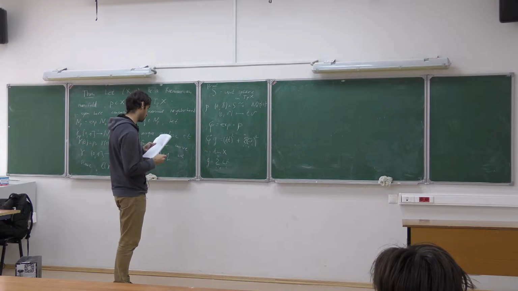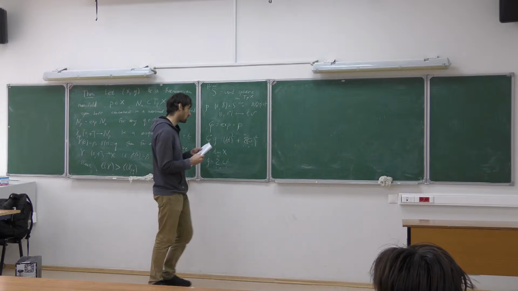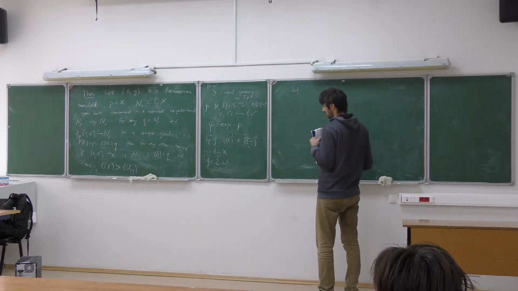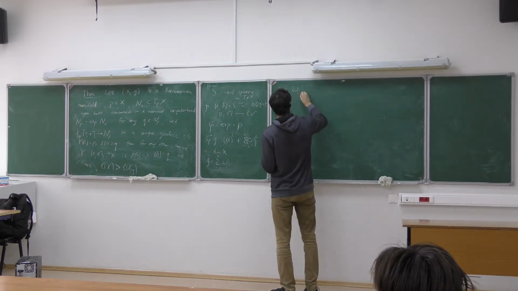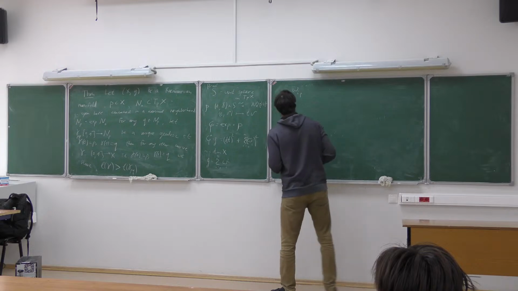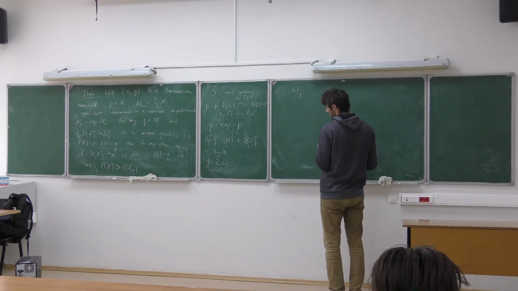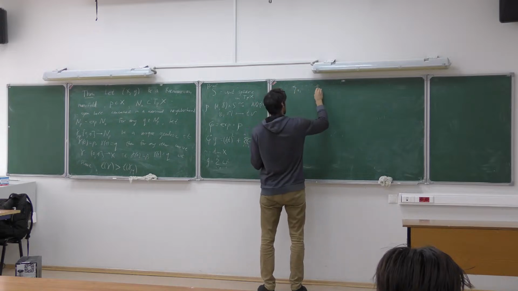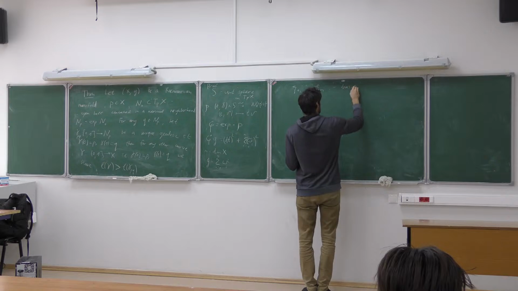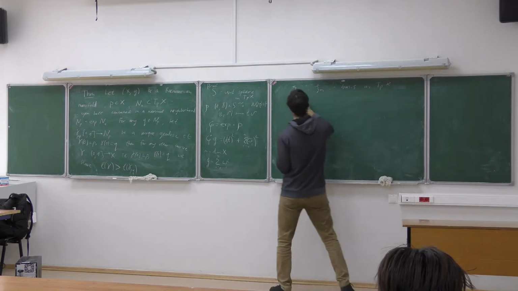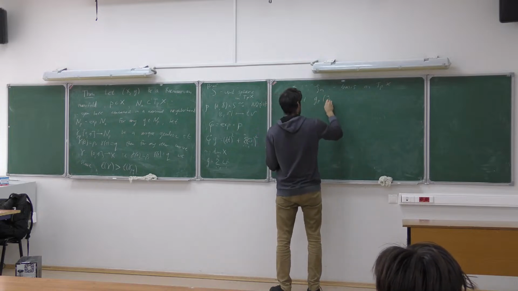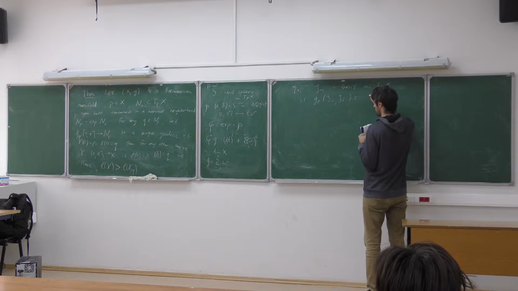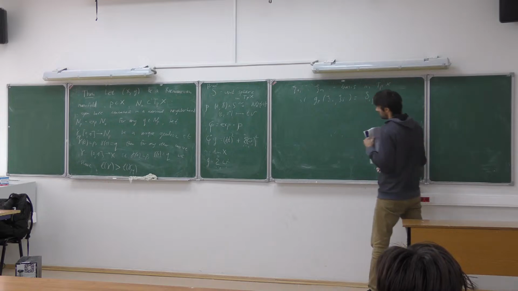Where omega_i is defined at my point P. Let me remind you: I have psi_1, ..., psi_n, a basis in T_P X such that at point P this is an orthonormal basis with respect to g, so delta_ij.